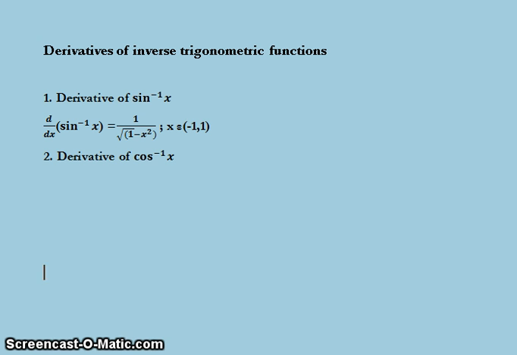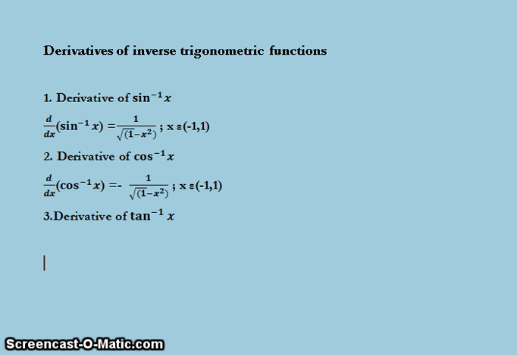Next we are going to find the derivative of cos inverse x. Its derivative is denoted as d by dx of cos inverse x, which is equal to minus 1 by root of 1 minus x square for x belonging to the interval minus 1 to 1.